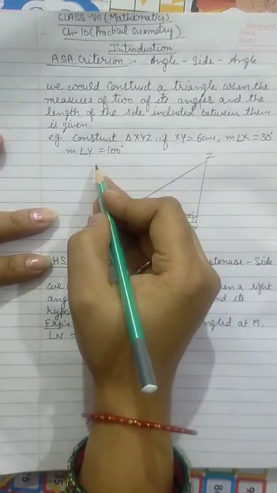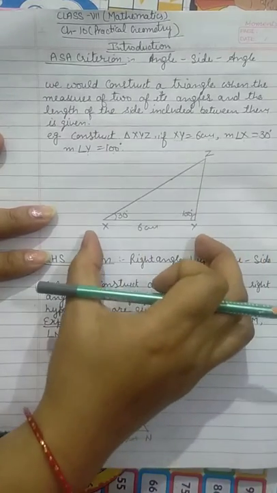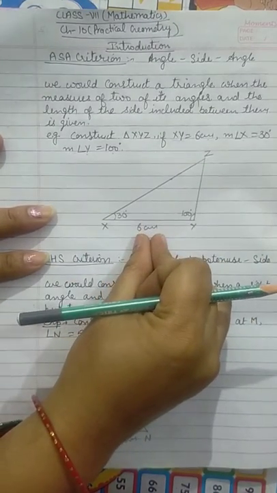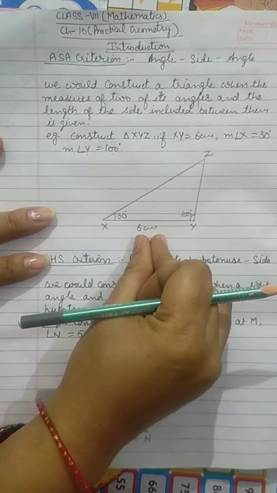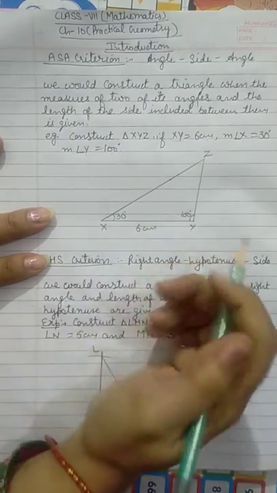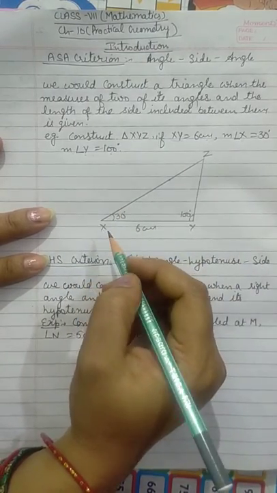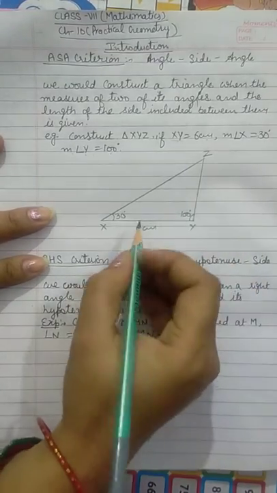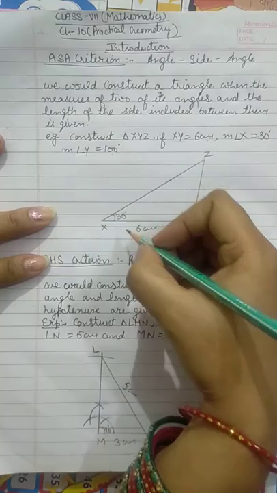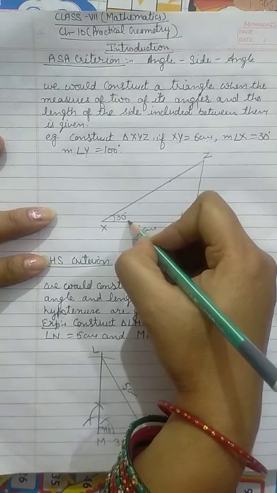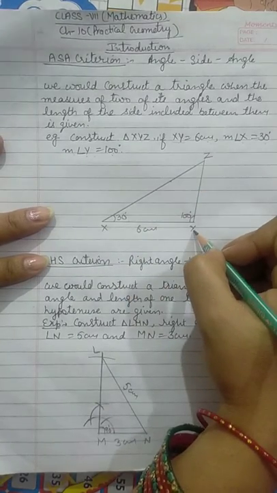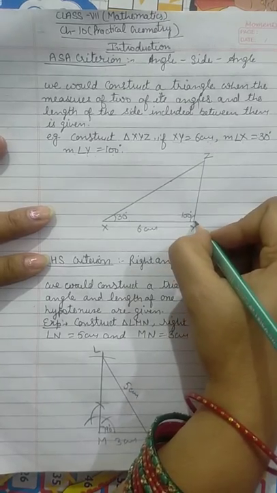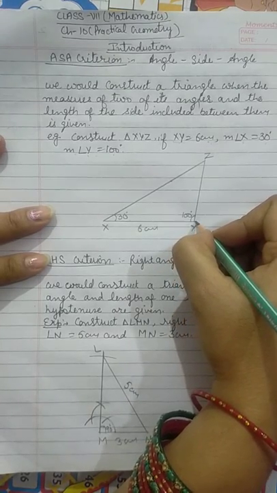So first of all, we'll draw the base of the triangle, let it be 6 cm. Then after drawing the base XY, we can draw with the help of compass or protractor, that is up to you. You will draw a 30 degree angle on X. Then on Y you will construct an angle of 100 degrees with the help of a protractor only.